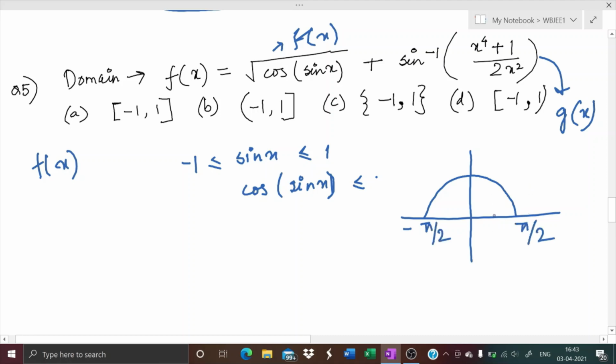Now I have 1. 1 is always less than π/2, because π/2 is 3.14 by 2, which is approximately 1.57. Also -1 would be greater than -π/2. Now when it is 1, this point over here would be cos of 1.